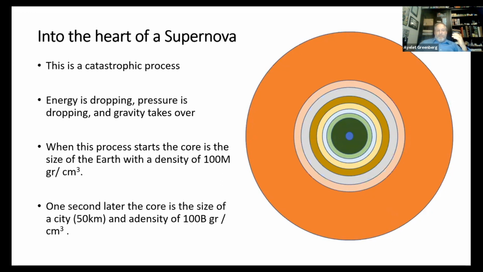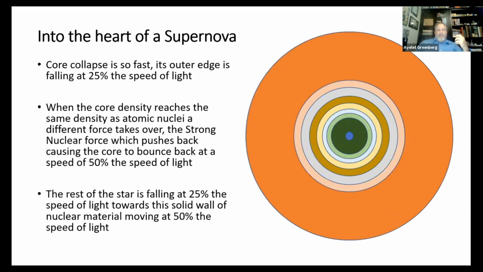Now, this process is so fast that the collapse of the core is happening at almost 25% the speed of light. But when it gets to that very dense level, it has the same density as a nucleus. Essentially, we're looking at a proton the size of a city. It is a big, big, big nucleus.